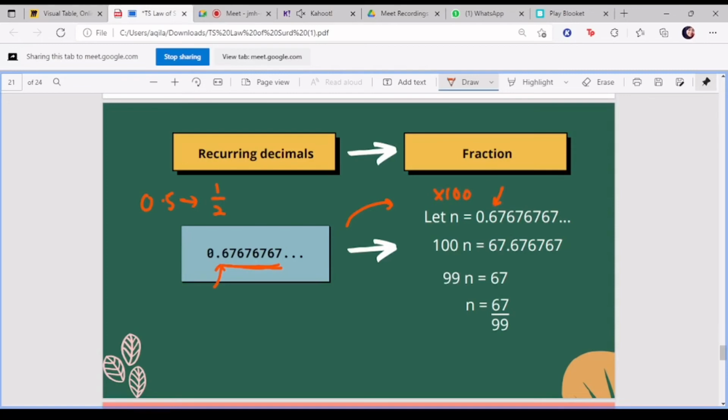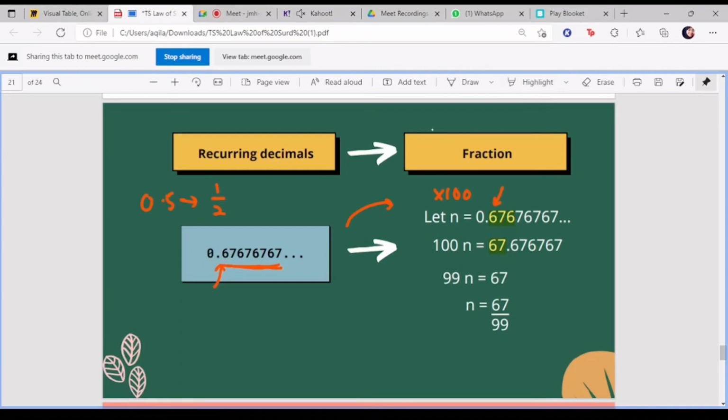So, can anyone tell me why do you need to multiply by 100? Why cannot 1000 or 10,000 or 5 or 10? Because the repeated number is 2. Yes, correct, because the repeated number has 2 digits, which are 6 and 7.